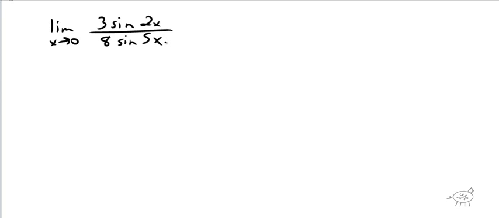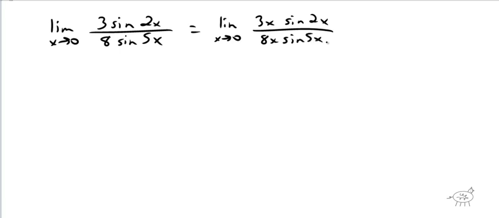You can't just add an x in there, but in this case, because I have a sine on the top and the bottom, can't I write this as limit as x approaches 0 of 3x sine of 2x over 8x sine of 5x? I can do that because x over x is 1.